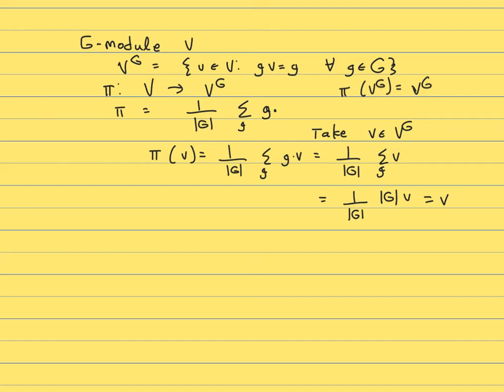So this really does send V^G to itself as the identity map. And so you see when you restrict pi to V^G, you get the identity. So that means its eigenvalue is 1 with multiplicity the dimension of V^G.